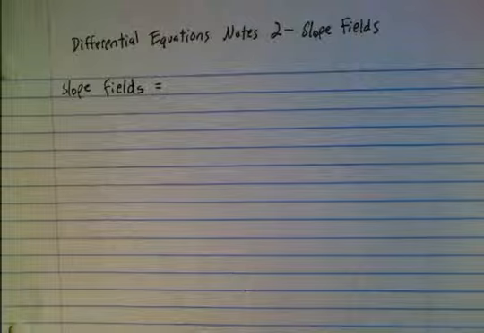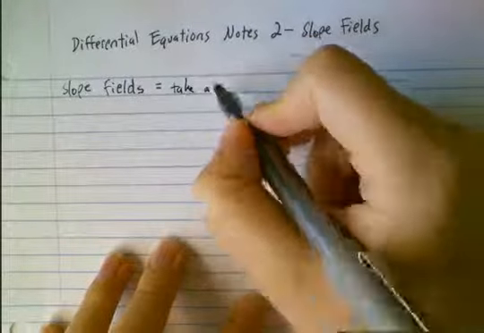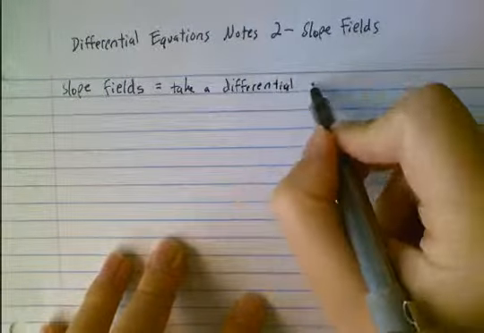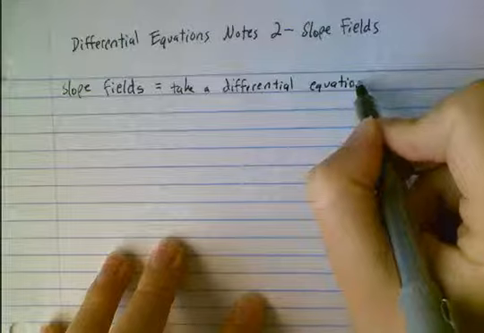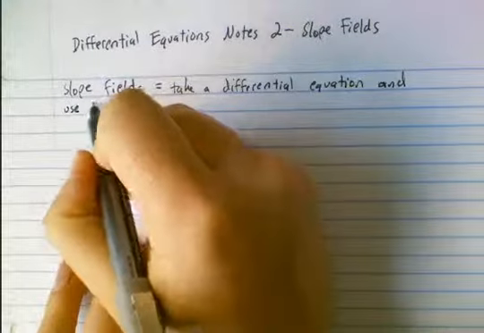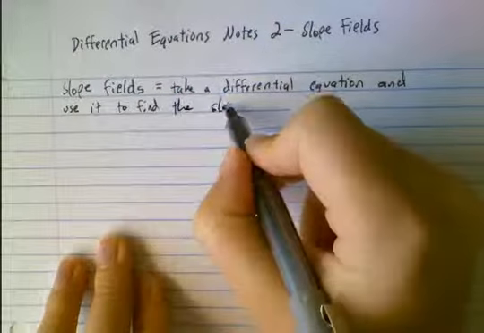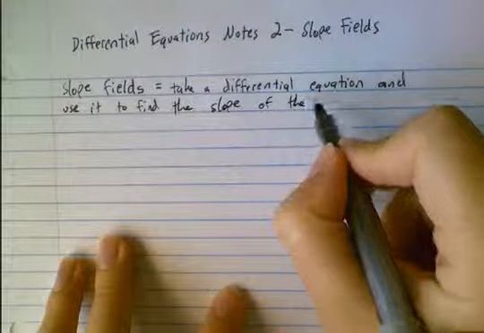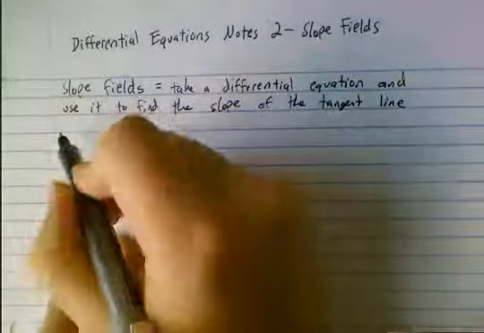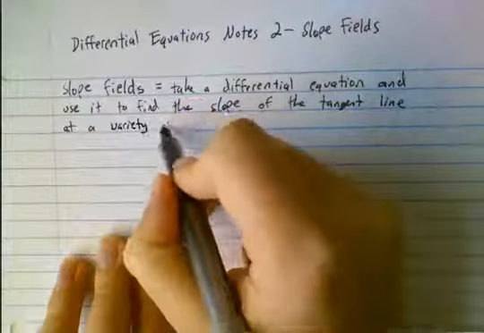And the slope field just means take a differential equation and use it to find the slope of the tangent line at a variety of points.